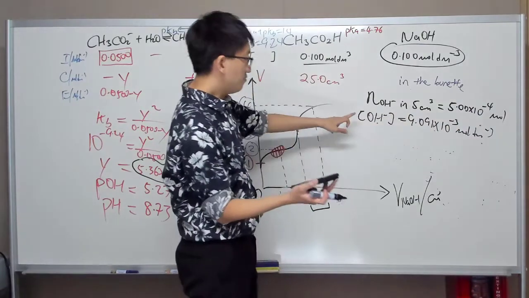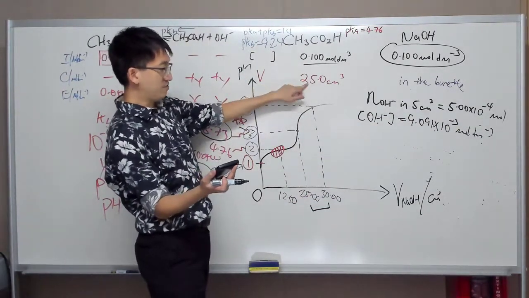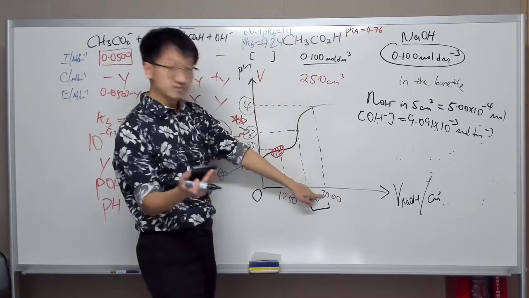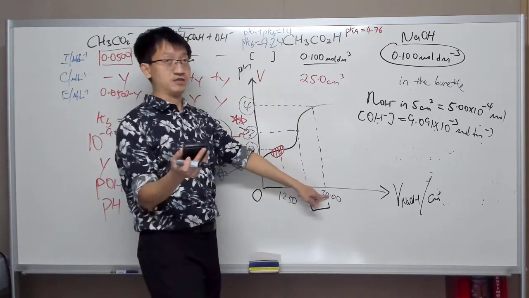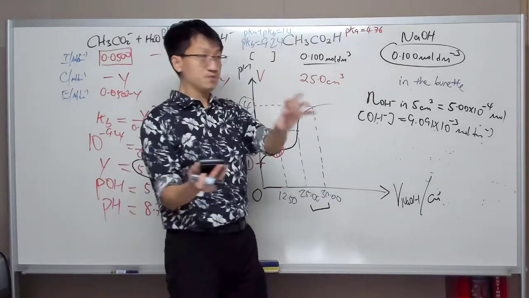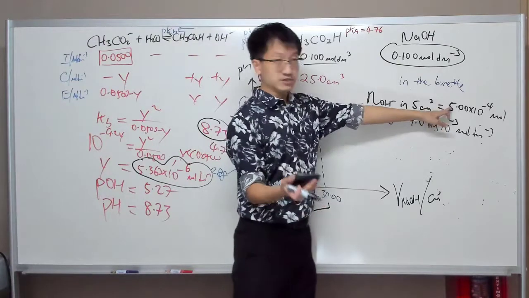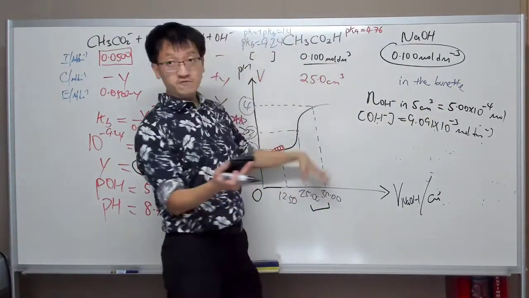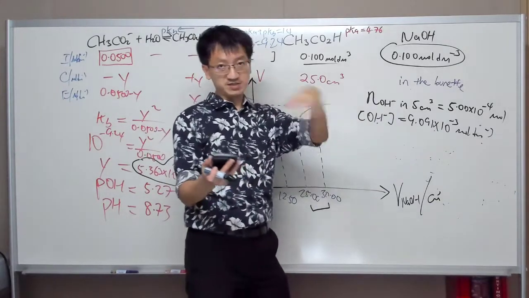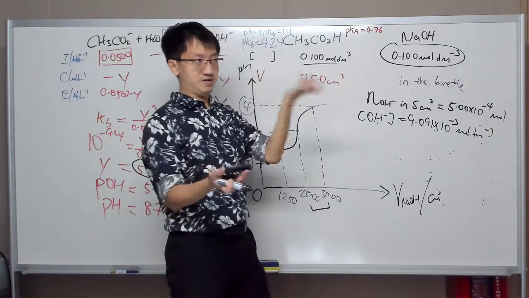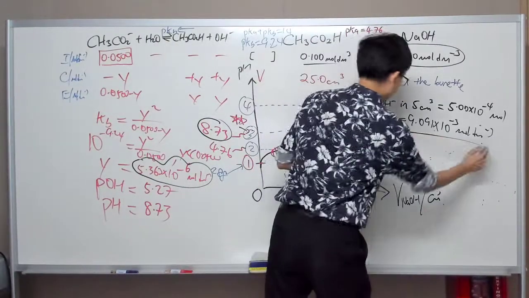If you want to find the concentration, we need to divide by the total volume, which is 25 plus 30. Why not 25 plus 25? Because we added excess OH minus, so we need to account for the extra volume. So that would be 5.00 times 10 to the power minus 4 divided by 55 times 1000. It's similar to dividing by 0.055 because I'm using dm cube as my denominator unit. So I get this concentration.